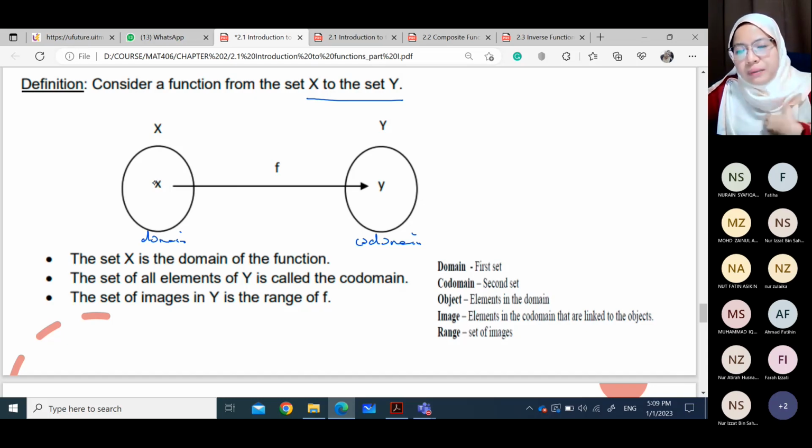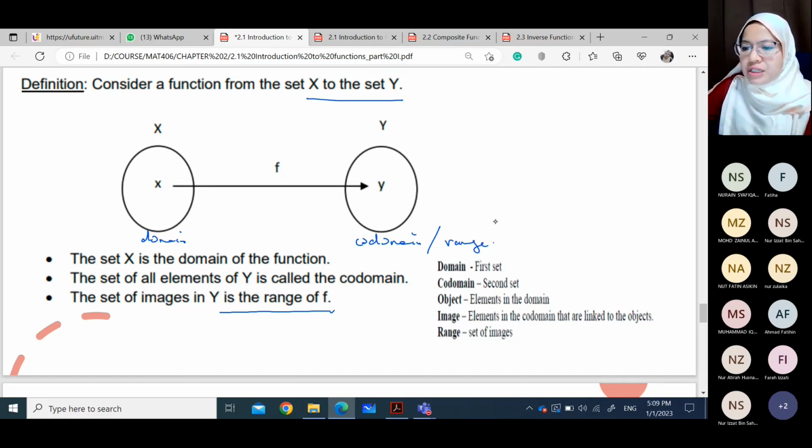So X, we can choose any value. But Y depends on the value of X. We put it into the function and we get a value. That value we call the range, or the value of Y. The set of all elements Y is called the codomain. The set of images of Y is the range of f. Besides codomain, we also call it range. So here is the definition. What is a domain? Domain is the first set, codomain the second set.